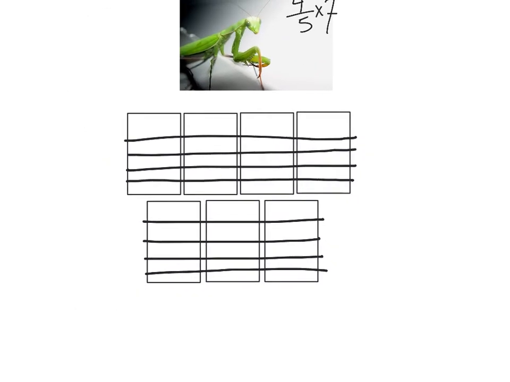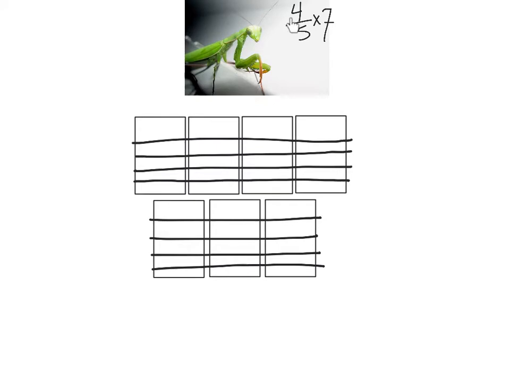And now I get to color in 4 out of the 5 parts, right? So I'm going to color in 4 out of the 5 for each of these. So let's go ahead and do that right now. And I'm going to set this up as blue. And here we go. I get 4 out of 5 for that one. Okay. Then I get 4 out of 5 for this one.